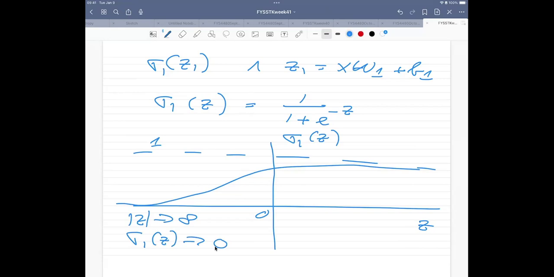No, sorry, not to 0, it goes to a constant. That was not correct. So when it goes to a constant, when you take the derivative, this is going to be a flat function, and then you will get derivatives which are getting close to 0. And that has created, for many, many years, a problem in the training of a neural network.